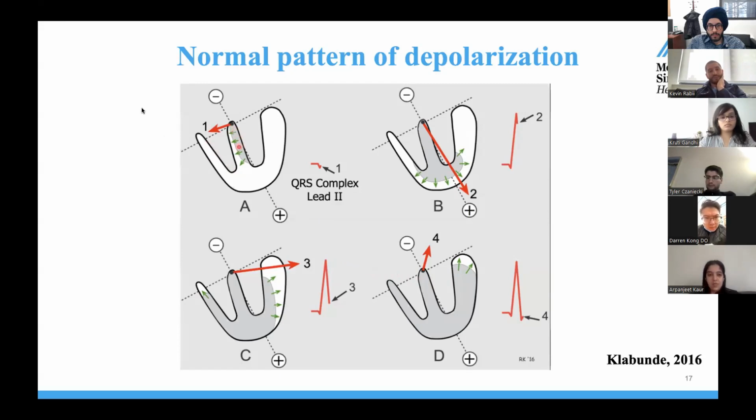You initially have this left to right. Assuming this is our lead 2, you'll have a small negative deflection. As it progresses towards the lead, you have a large positive. It continues in the direction of the lead and completes its positive, and then the terminal portion of the LV is going away from the lead. So you have this final negative deflection, and that forms our normal QRS complex.